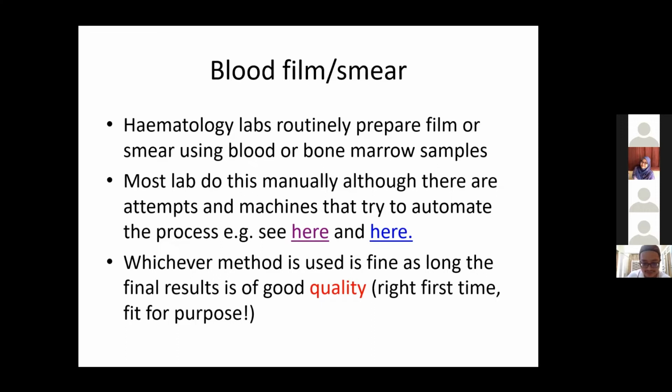I don't know what happened. Where do I share? Is my slide still visible? Yes.